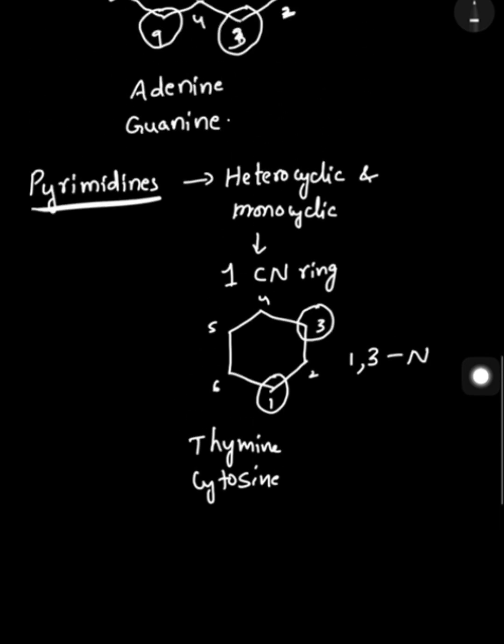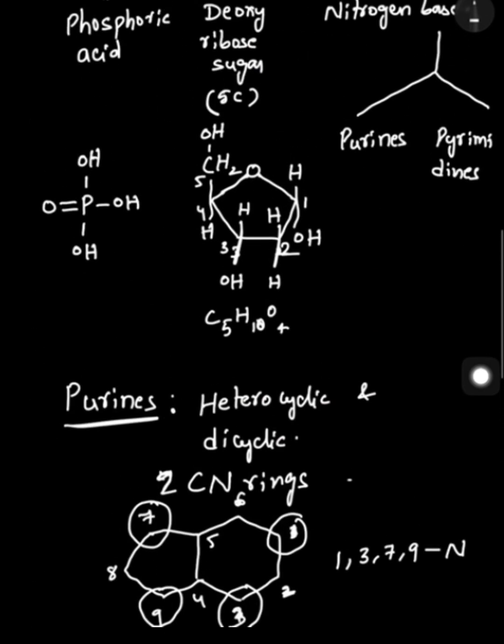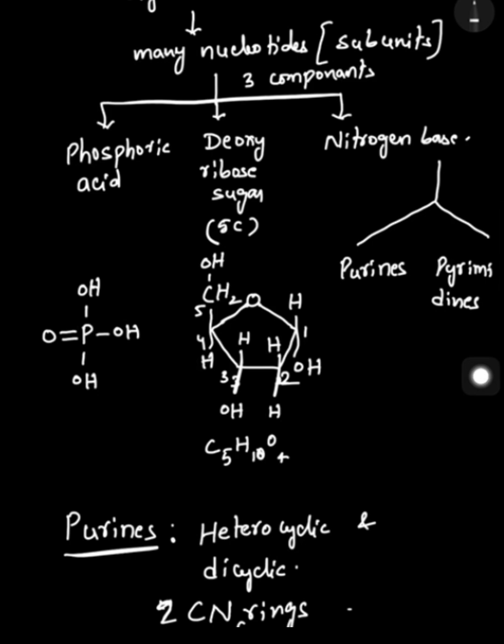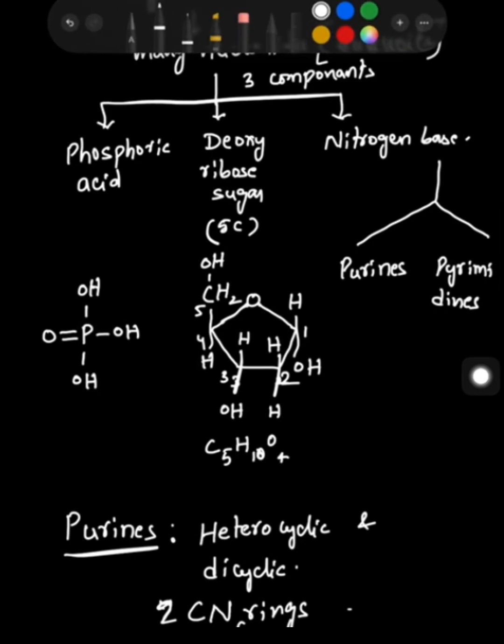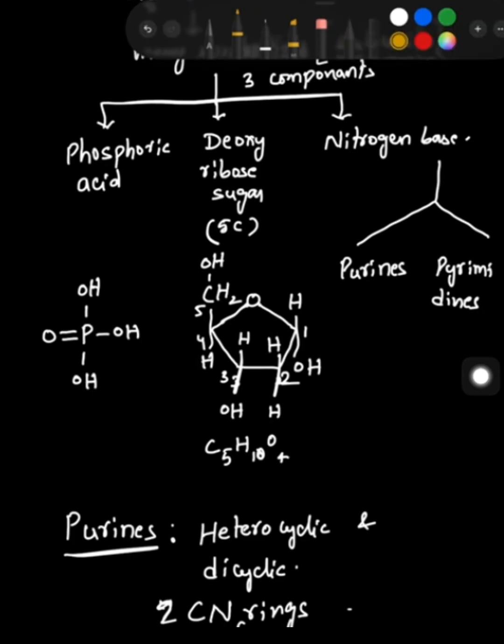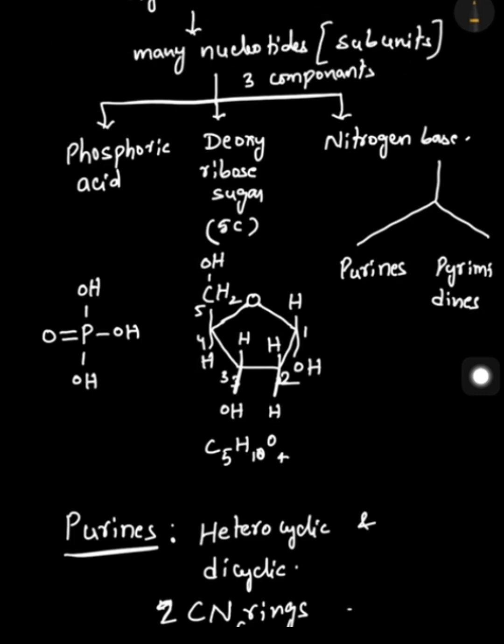Let's see how these components in the nucleotide are connected with each other. Phosphoric acid and sugar are connected with each other by ester bond, or we can say phosphoester bond.